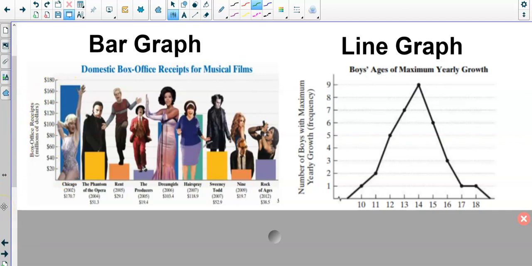So bar graphs, not necessarily always frequency on this side. It could be a question about the bar graphs. Like, again, we could have had bar graphs where we talked about our favorite colors in class. So I could have had the blue bar graph. And I could have had a bar that represents how many people like blue in our class, that's their favorite color. I could have the yellow bar graph.